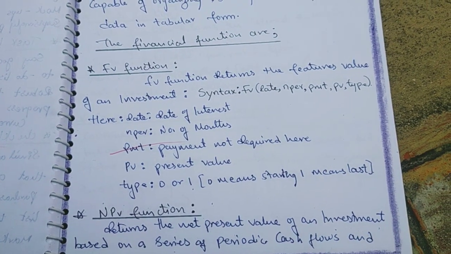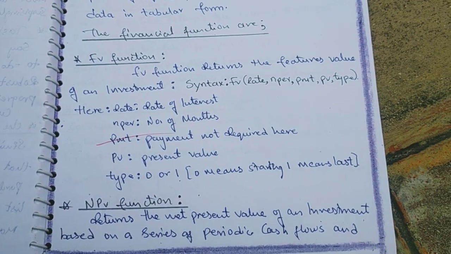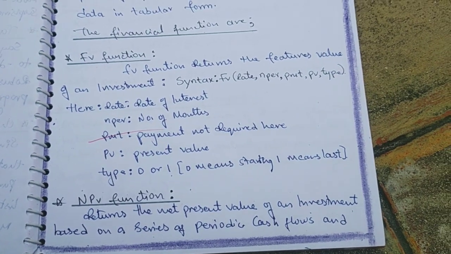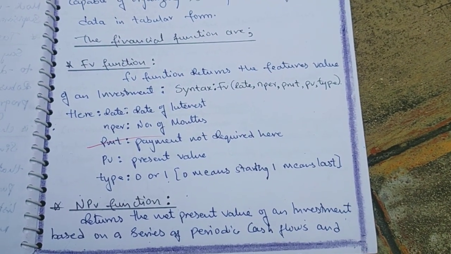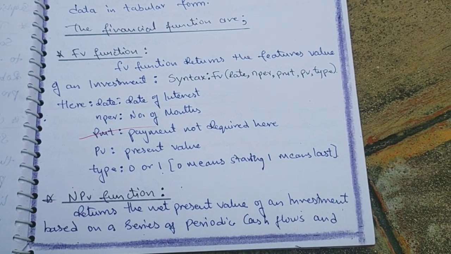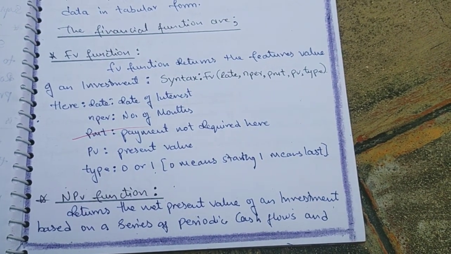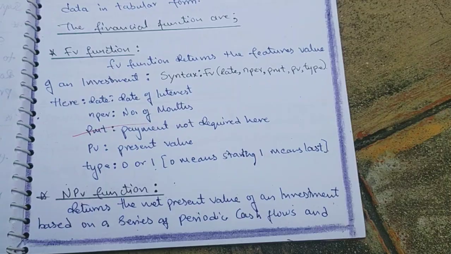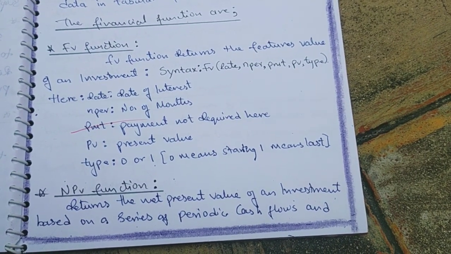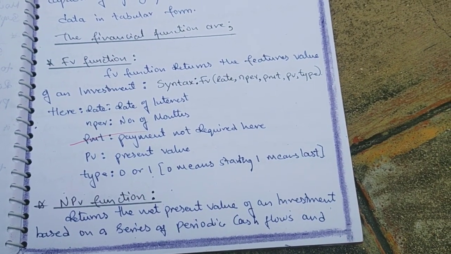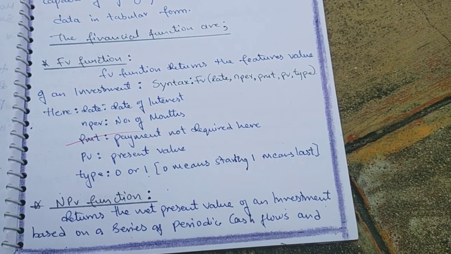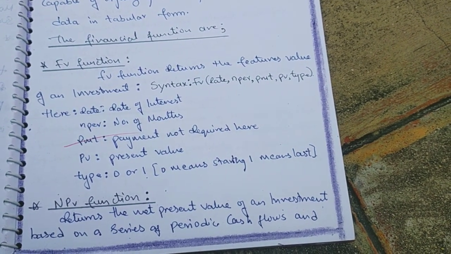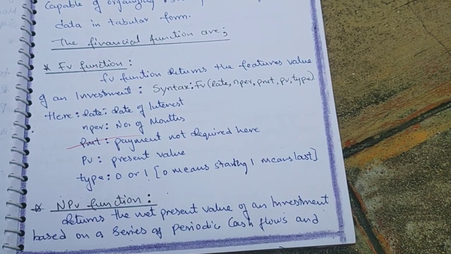As I discussed the mathematical functions which MS Excel performs, I am going on to financial functions. These financial functions include FV function, NPV function, and more. FV function is a financial function which returns the future value of an investment.